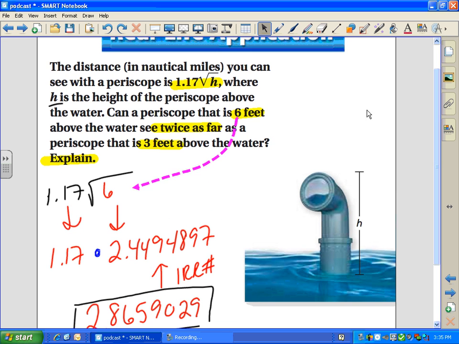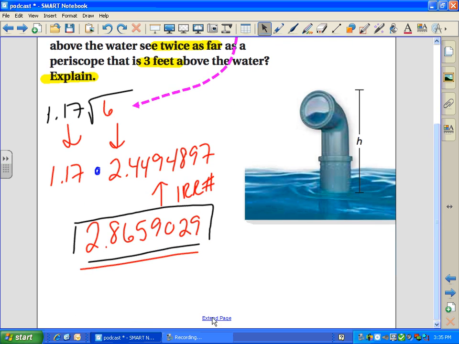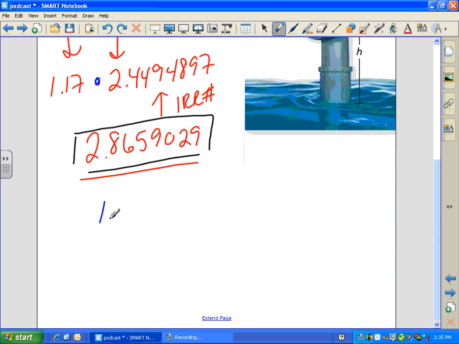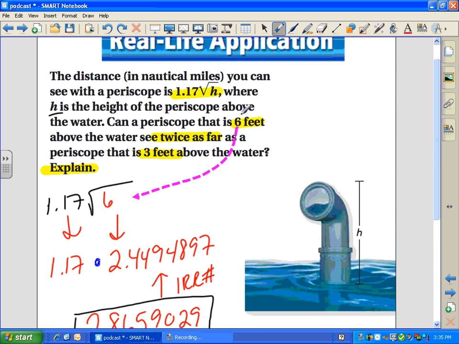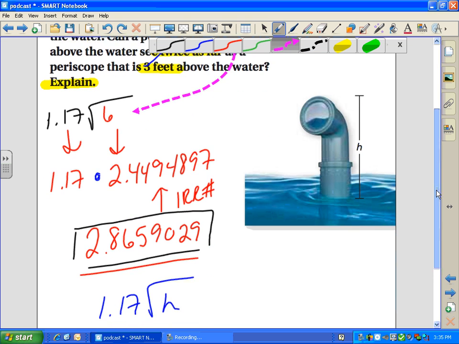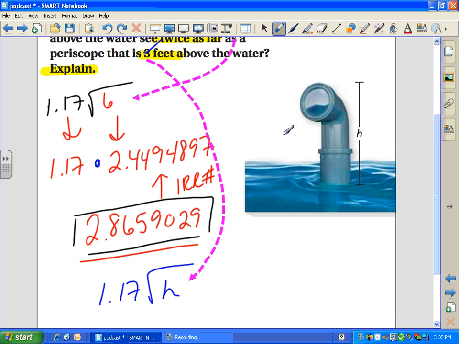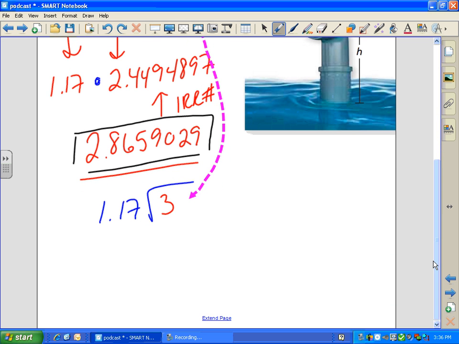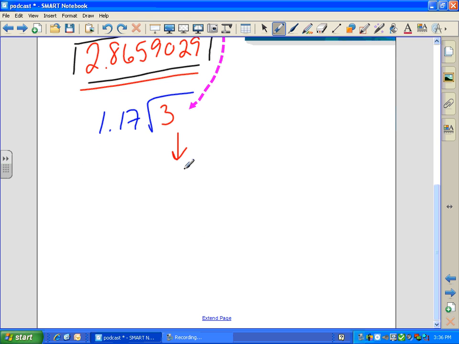I'm going to write my formula again, 1.17 square root of h. I did the problem for 6 feet. Now I'm going to plug and chug for 3 feet. Take the calculator and do the square root of 3, which gives you 1.73200508.